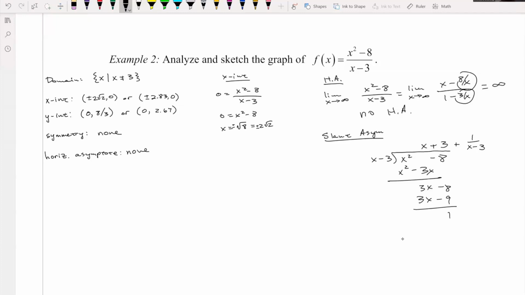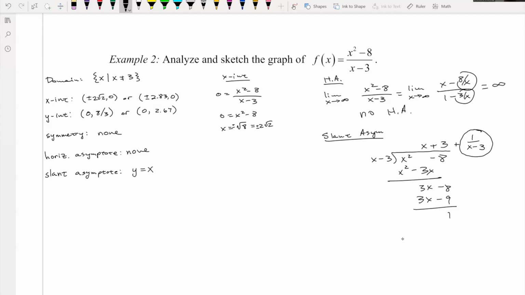And if we consider huge x's, this part here goes to 0. So we have a slant asymptote at the remaining equation, right? If you want, I can discuss that in more detail. I kind of assume that it was discussed in pre-calc in considerable detail.